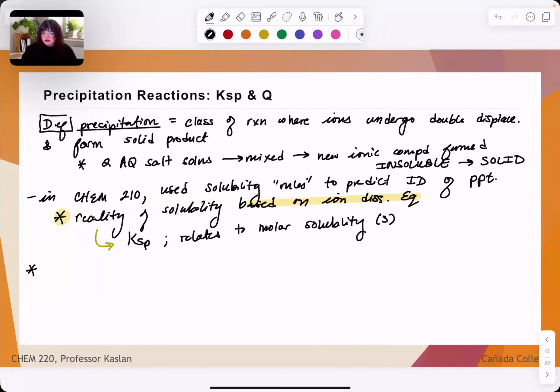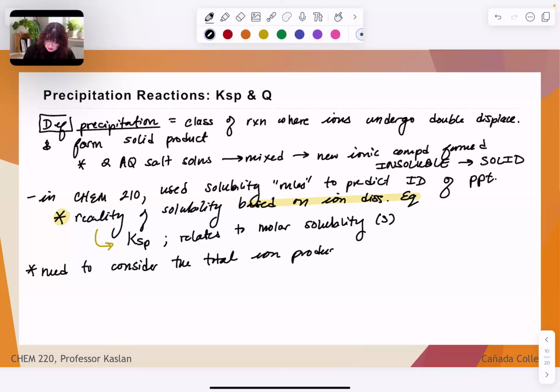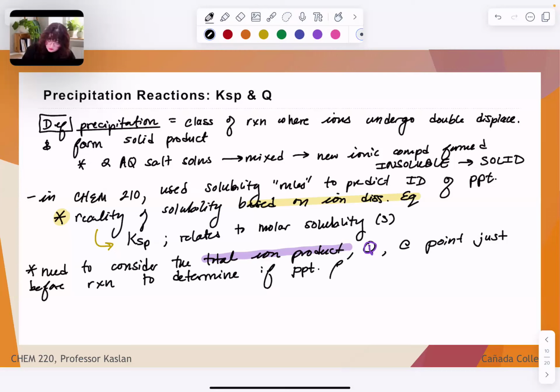The answer is we need to consider the total ion product, hereby labeled Q, at the point just before reaction to determine if a precipitate will form.